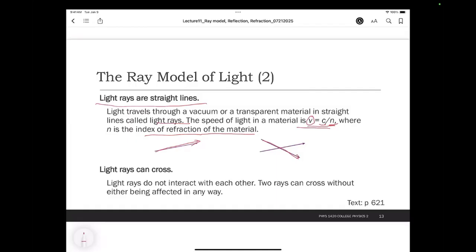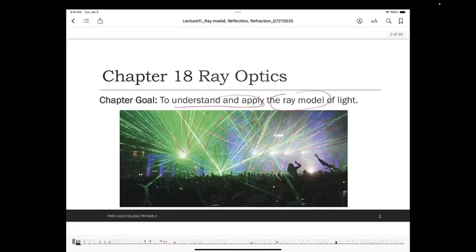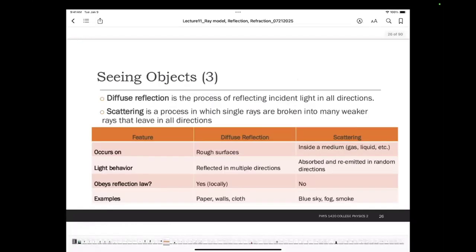You can see here, these light rays can be crossed. Does it make sense to you?